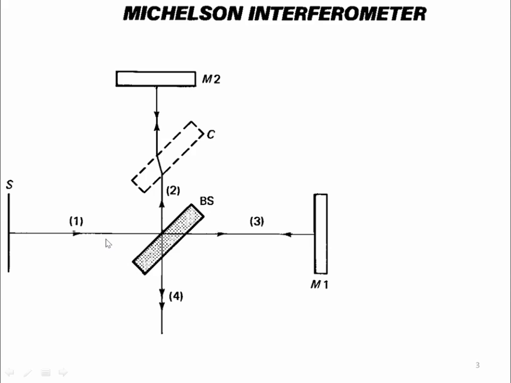Now let us discuss the working of this Michelson interferometer. How does it work? One thing you should notice here is that this source S is not a point source. It actually is an extended source.